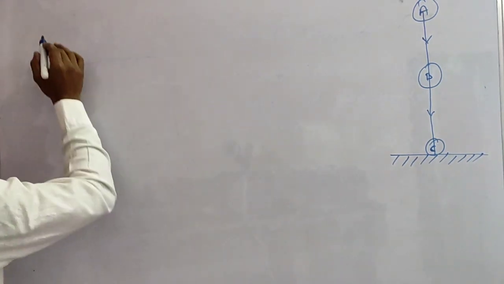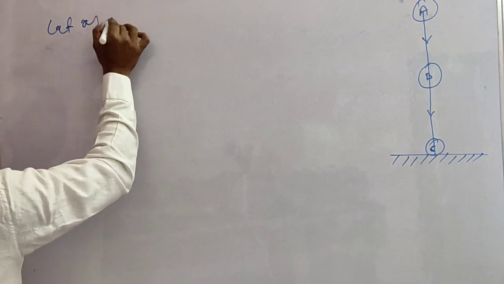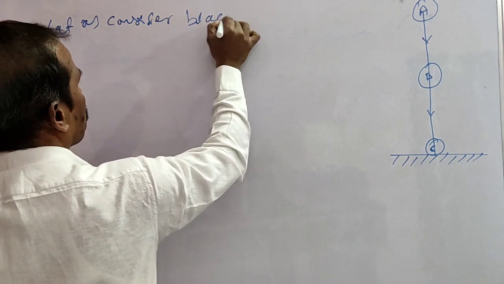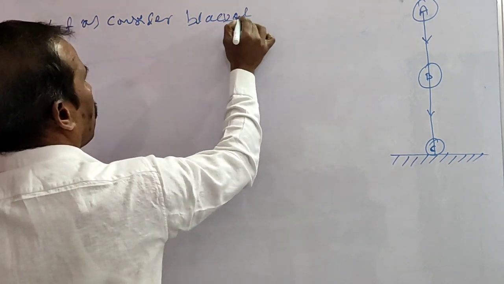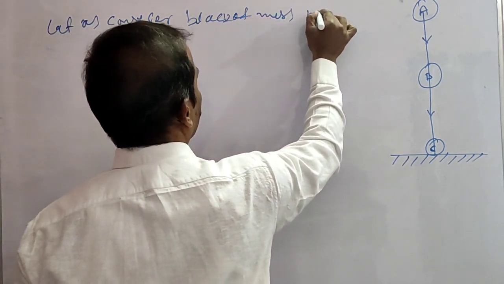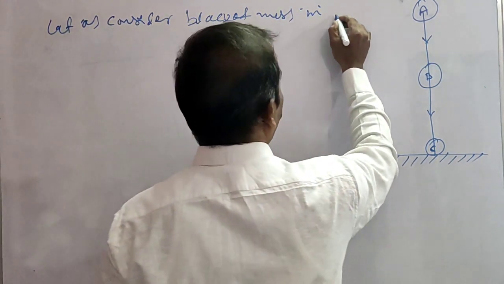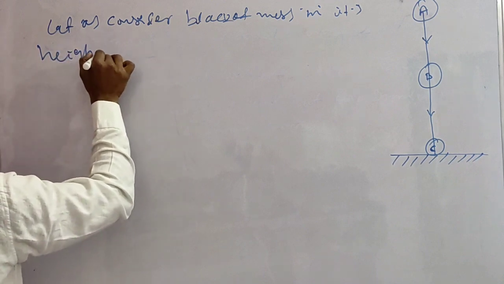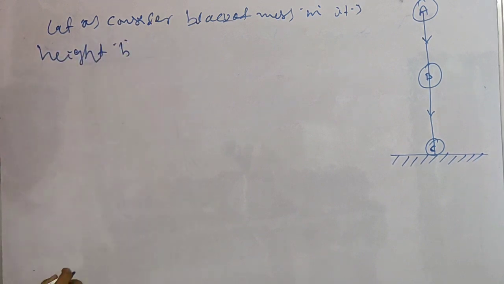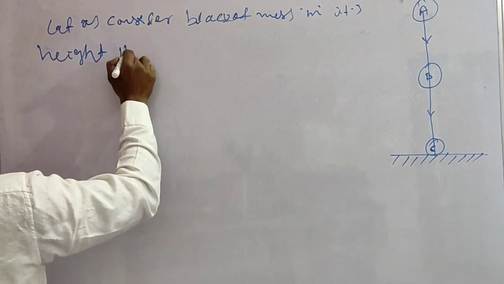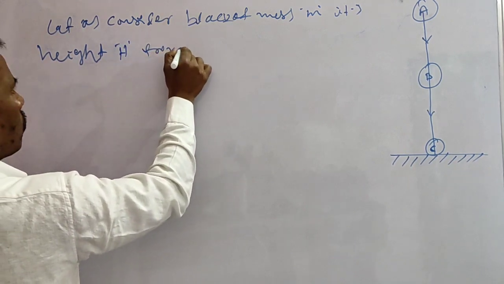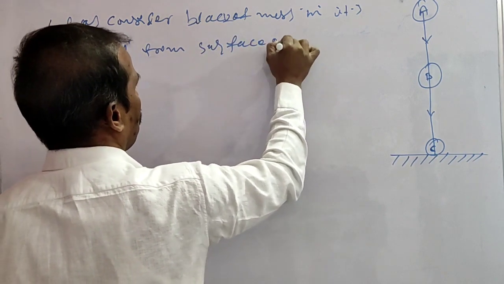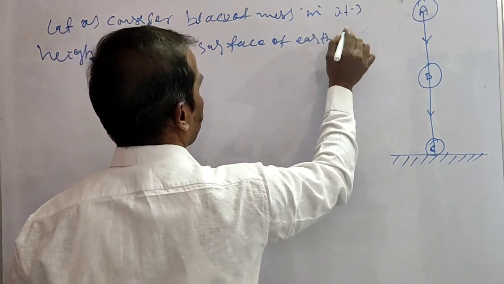Let us consider a block of mass m, its height, for example capital H, from the surface of earth.